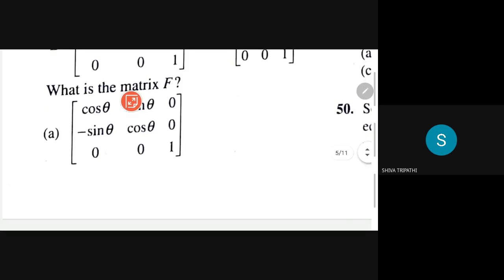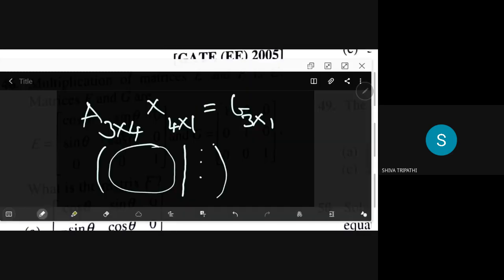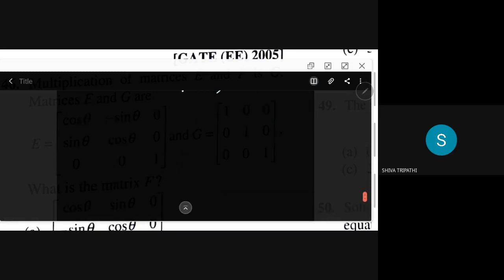The transpose of E is an orthogonal matrix. For any theta here, you take this dot this: cos theta into minus sin theta plus sin theta into cos theta plus 0 into 0 is 0. Similarly, you take the other two.